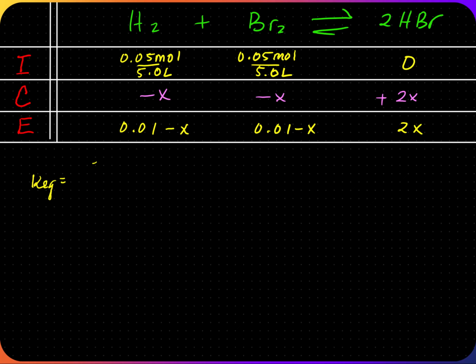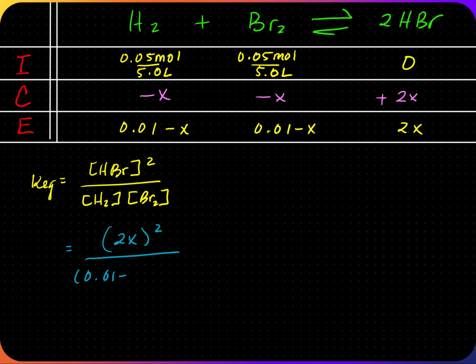Keq is going to be HBr in brackets squared, because the coefficient is 2, divided by H2 times Br2. Now we're going to plug in the numbers. This is equal to 2x squared divided by 0.01 minus x and 0.01 minus x, equal to the constant that was given for Keq, which was 64.